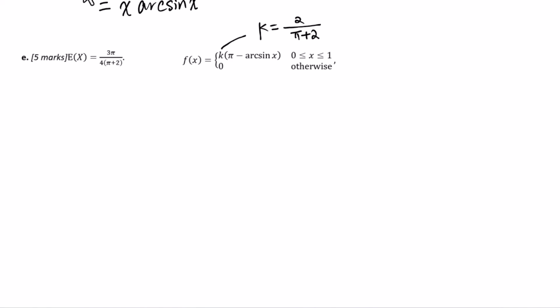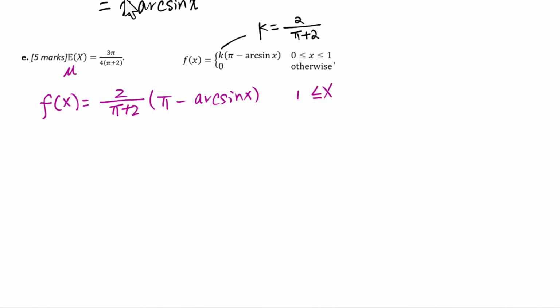Let's go to E. E of x, which means expected value, equals 3 pi over 4 times (pi plus 2). We are given f of x equals 2 over (pi plus 2) times (pi minus arc sin x), for x greater than or equal to 0 and less than or equal to 1.